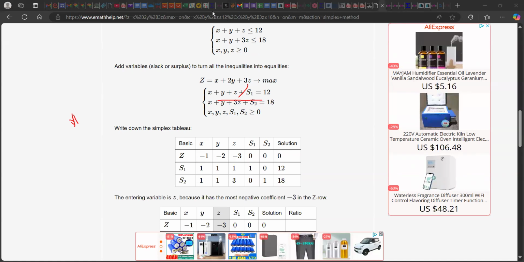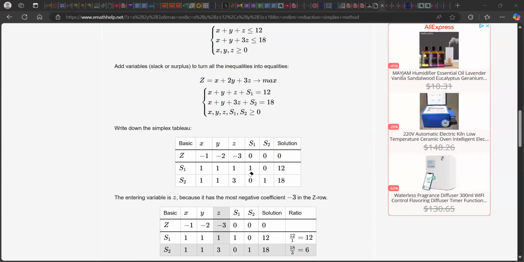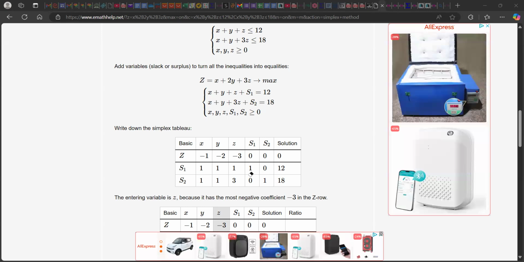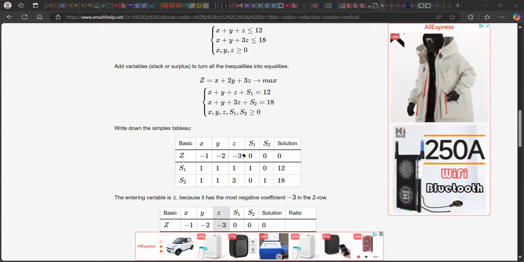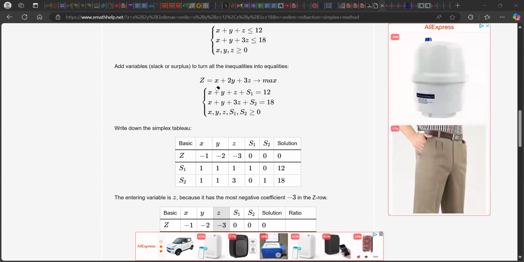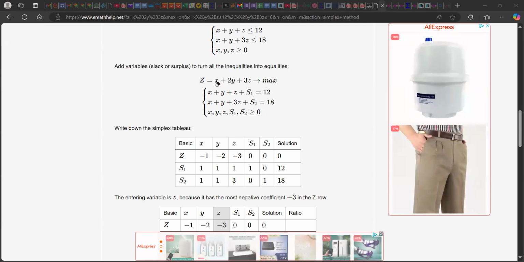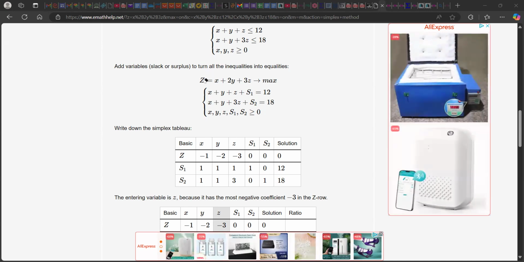Do some more erasing. Okay, this is the matrix now. Now notice here you have -1, -2, -3, and zeros here and so on. Where did we get that from? When you do the z function, you actually take everything to one side and equate it to 0.